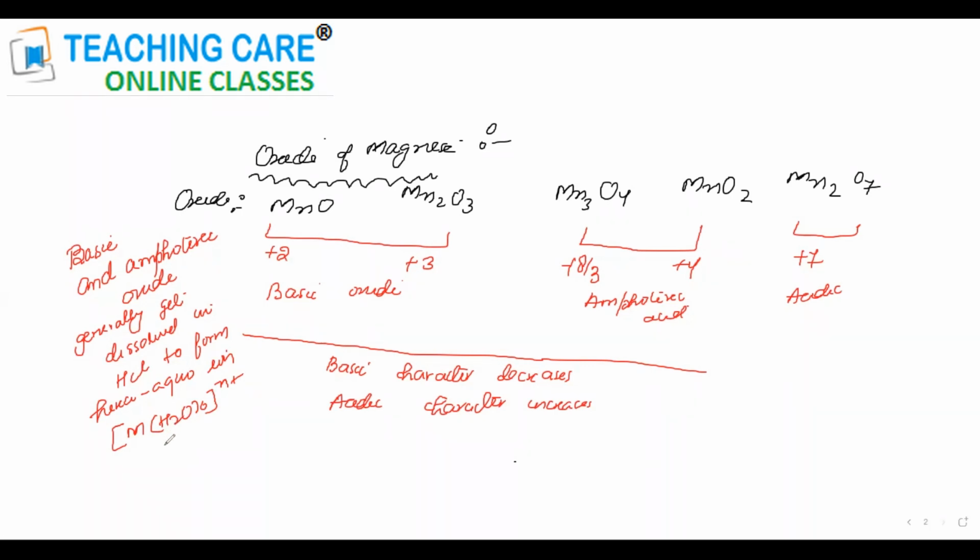The formula for the hexaaqua ion is M(H2O)6 to the power n+, where M is a metal, with six molecules of water, and n+ is the oxidation state.